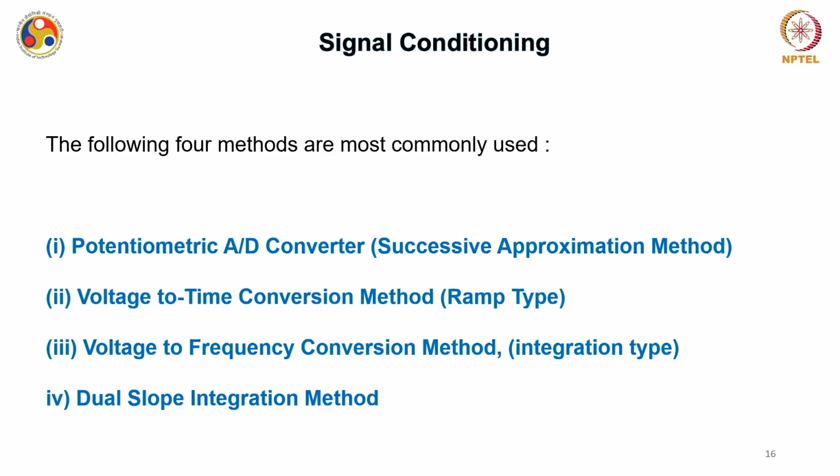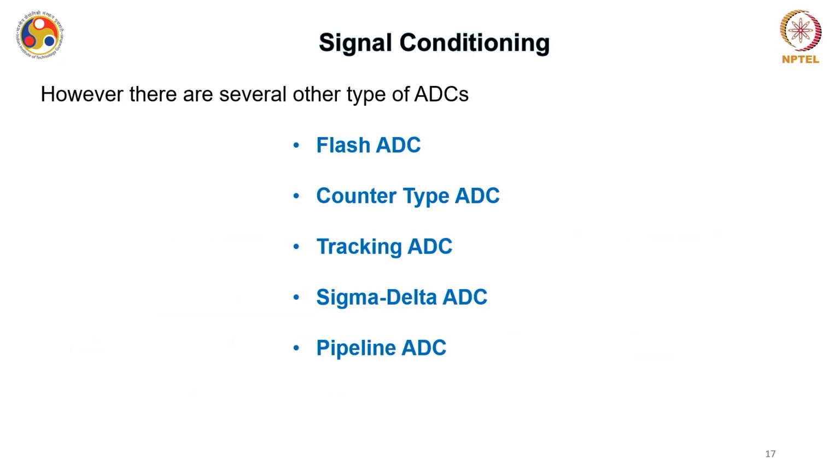We have voltage to frequency conversion methods, also known as integration type, and then we have the dual slope integration method for analog to digital conversion. Please note that this is not the complete list, and we have several other types of ADCs, like flash ADCs, counter type ADCs, and we also have a tracking ADC.